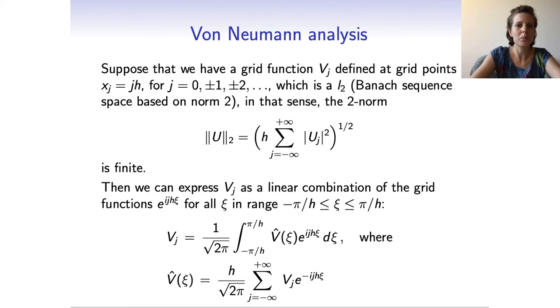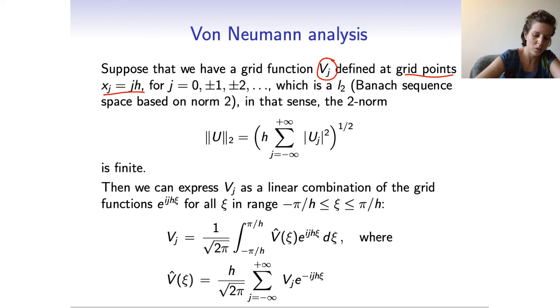So now suppose that we have a grid function v of j defined at grid points, x of j equal j times h. So j equal this, because we are considering the Cauchy problem.